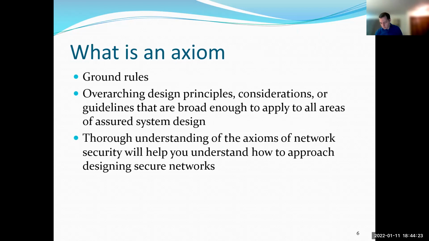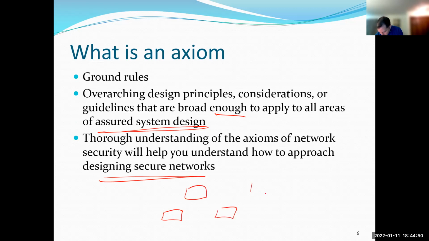These are ground rules, design principles or considerations or guidelines that are broad enough to apply to all areas of assured system design. So a thorough understanding of these axioms of network security will help you understand how to approach designing your secure system. And at the end of the day, the system that I showed you before is very simple, but a good starting point, right?